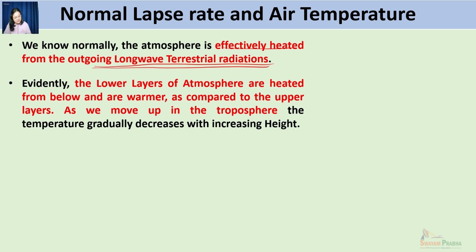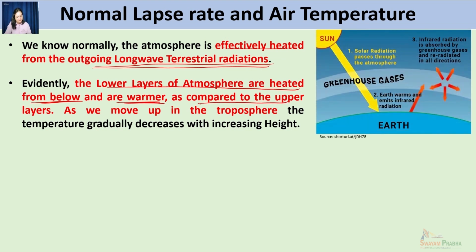So in this process, the lower layers of the atmosphere are heated from below and are warmer as compared to the upper layers. And as we move up in the troposphere, the temperature gradually decreases with increasing height.